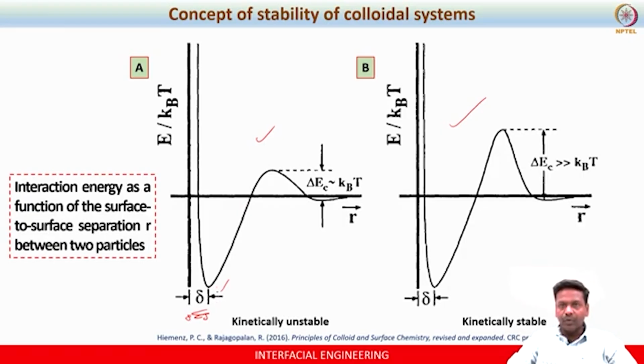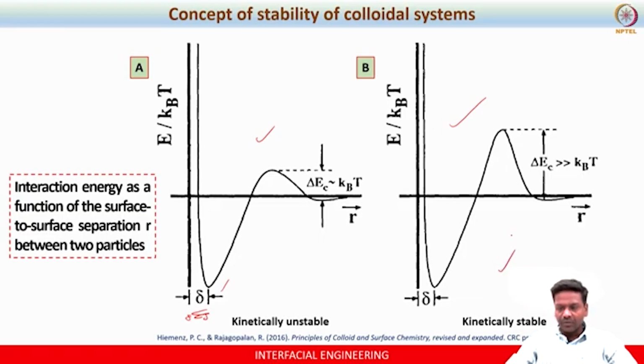So there will be no question of aggregation or coagulation at all. So if the electrostatic repulsive force between the particles is very pronounced, then one can prevent the aggregation or agglomeration, right? Such a system is called a kinetically stable system.